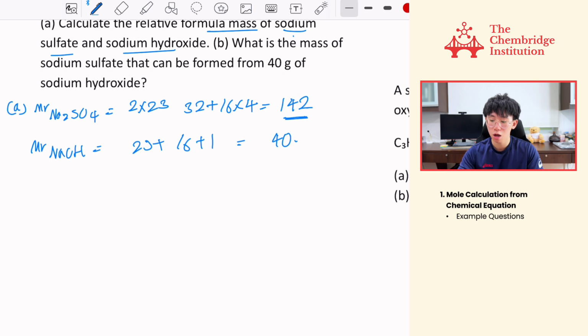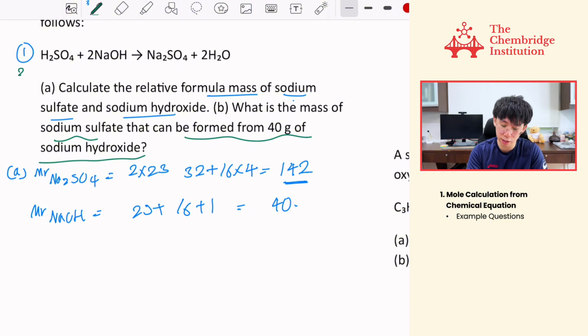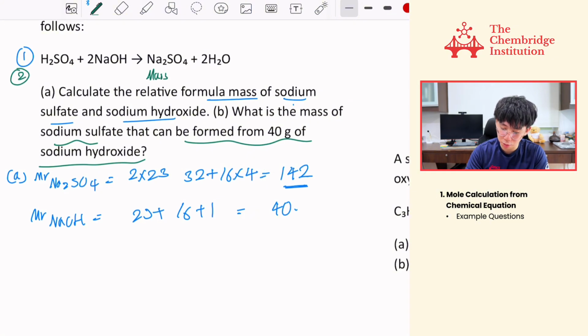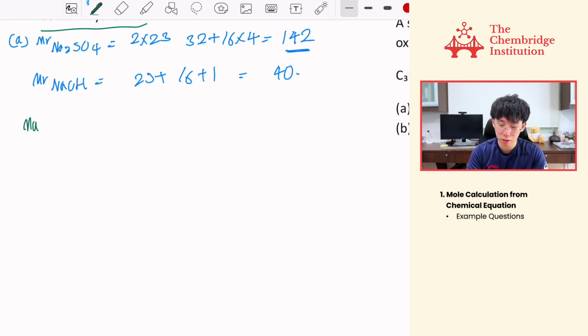Then part B, they say, what is the mass of sodium sulfate that can be formed from 40 grams of sodium hydroxide? So let's consolidate the information. That's number 2. They're finding the mass of sodium sulfate, so I put mass, question mark, and then 40 grams of sodium hydroxide. The rough flow is this: we are given the mass of sodium hydroxide.